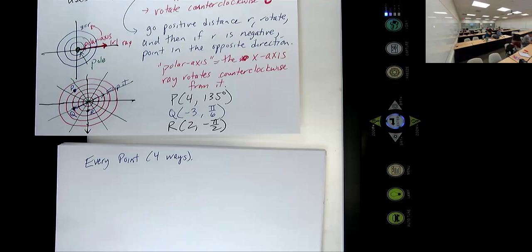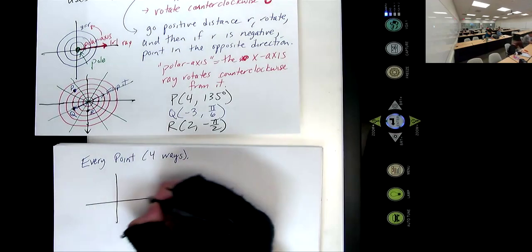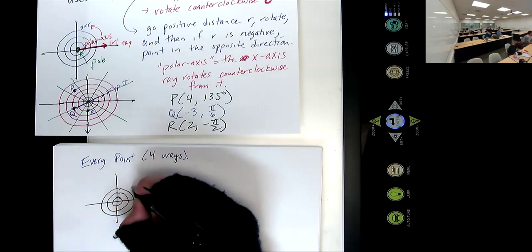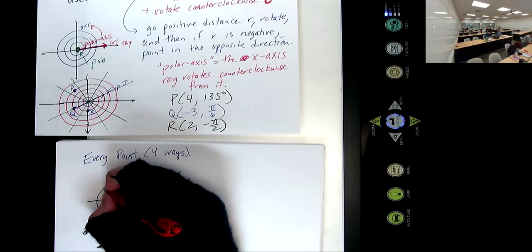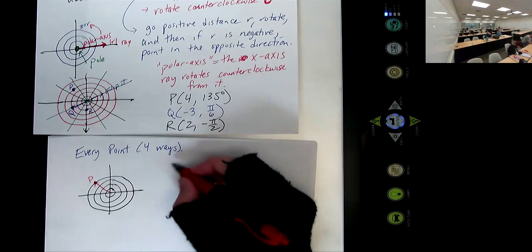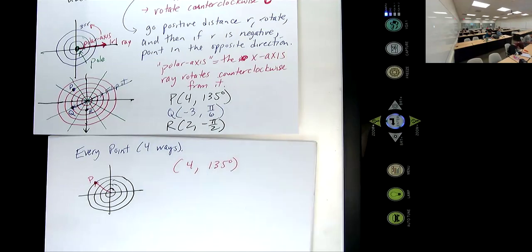Let's use that P. For 135 degrees is one way to do it.